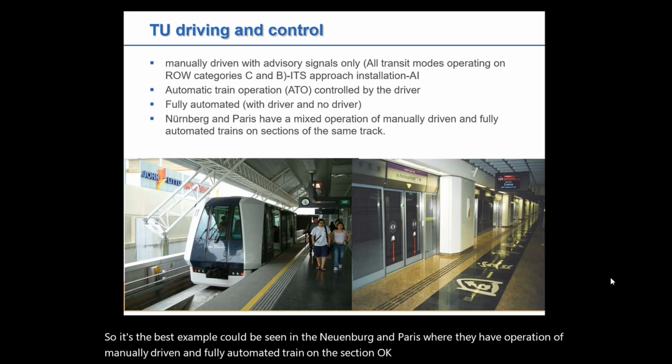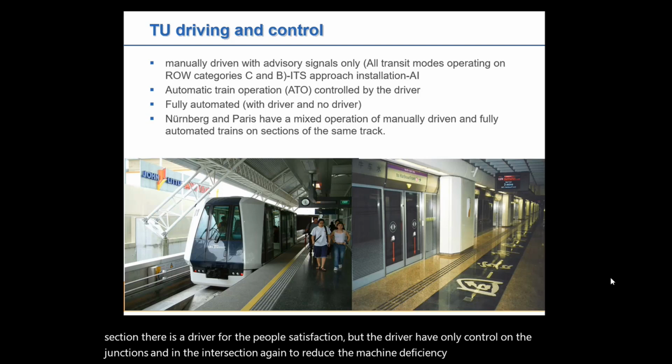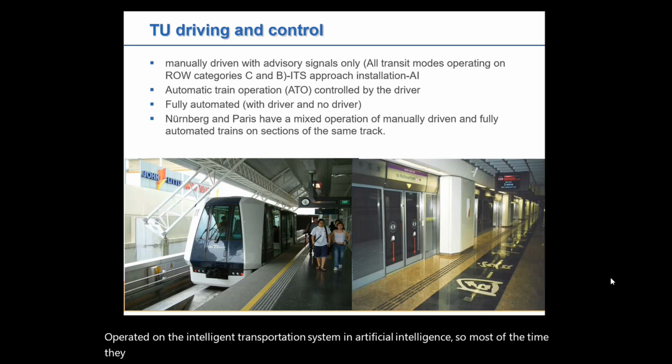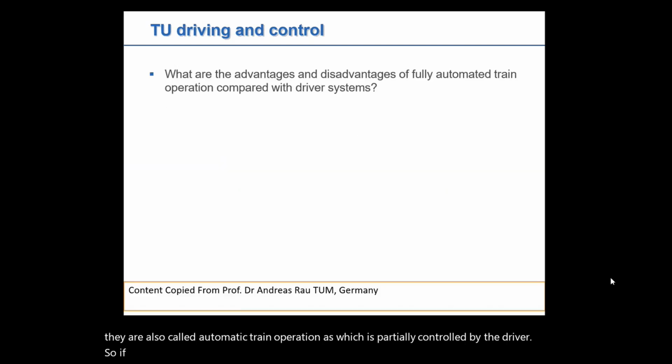On some of the junctions and sections, there is a driver for people's satisfaction, but the driver only has control on the junctions and intersections, again to reduce machine deficiency. Most of the time it's operated on the intelligent transportation system and artificial intelligence. They are also called automatic train operation, which is partially controlled by the driver.